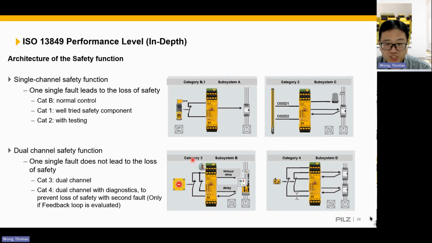So this is Cat 3, dual channel. Then Cat 4 is dual channel with diagnostics, to prevent loss of safety with a second fault. Please take note, for the loss of safety with a second fault, you can only achieve category 4 if the feedback loop is evaluated. So this is roughly how we do the architecture.